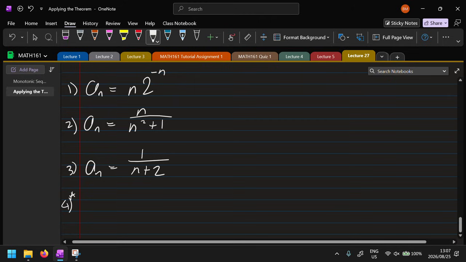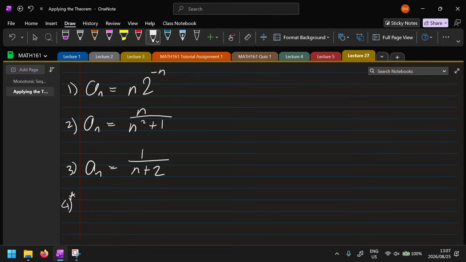For number 4, we have a recursive sequence, like you did in the tutorial. So this one is a_1 equals 2, a_{n+1} is 1/2 a_n plus 6. Okay, it's a little bit more difficult, but you can try that out.